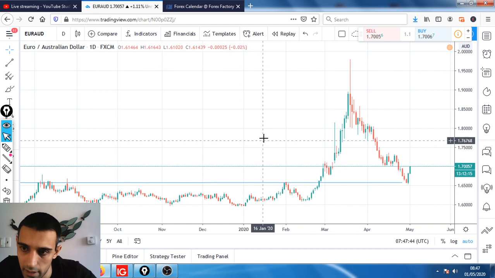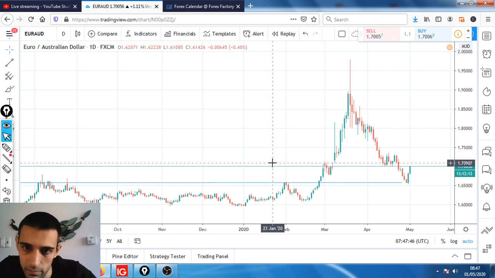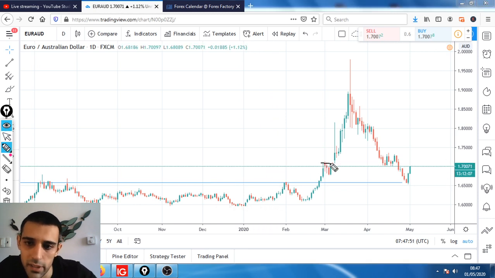The price is at something like 70.50. It does have this resistance up here, so the price might find a problem breaking this zone.